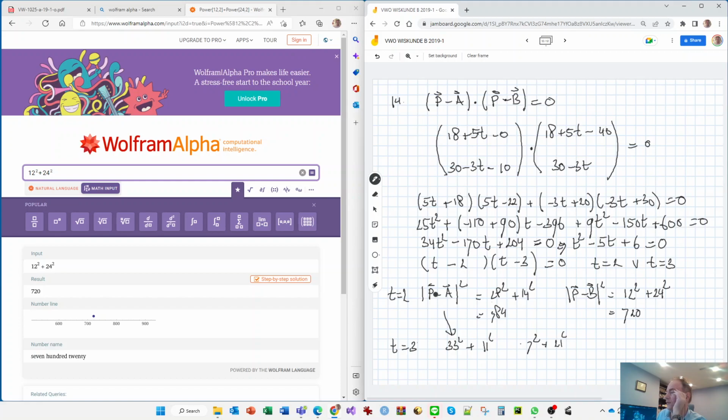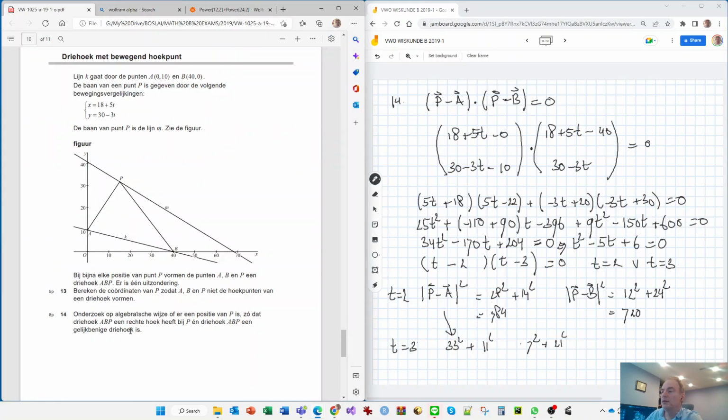Actually, I could have done that here as well. I wouldn't even need to calculate it. But probably just in the exam, I'll still, particularly if you have time, just try that out. And yeah, we find that these lengths are not equal in both cases.